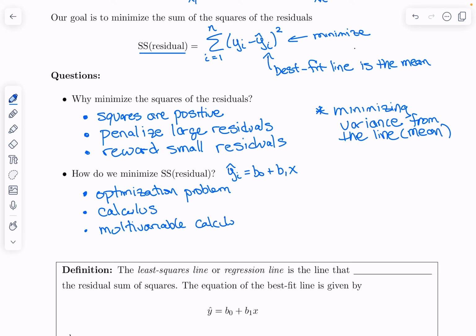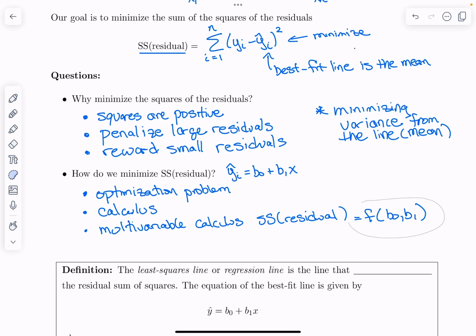And that's because y hat is a function of b0 and b1. But if y hat is a function of b0 and b1, then my sum of squares residual is a function of two variables, those two variables being the intercept and the slope.